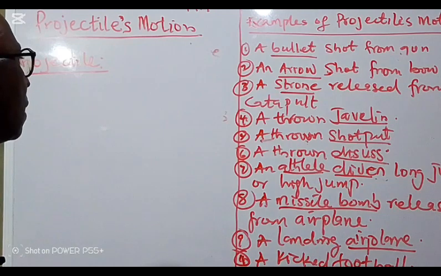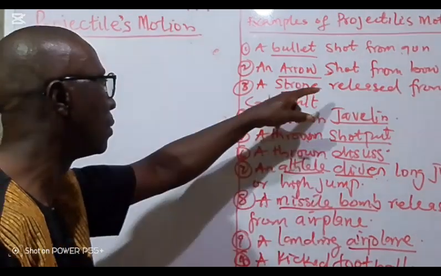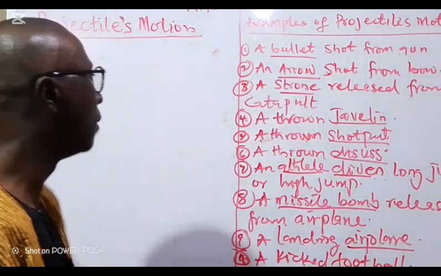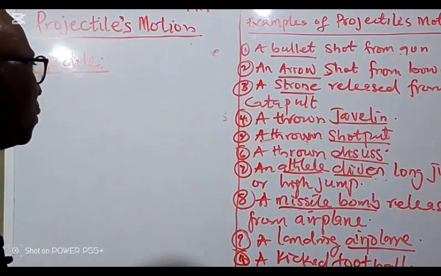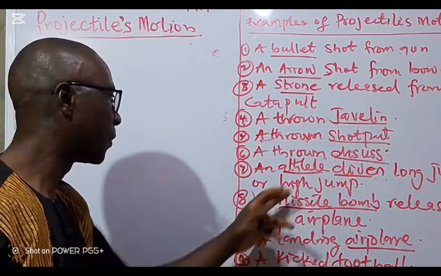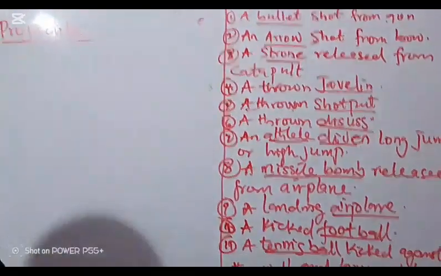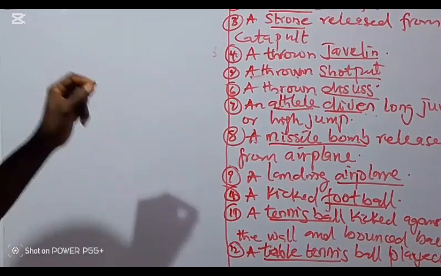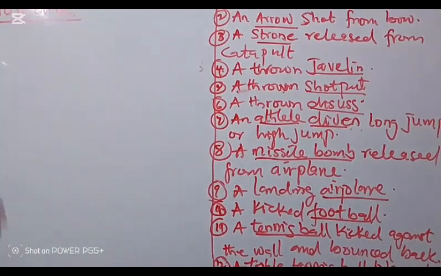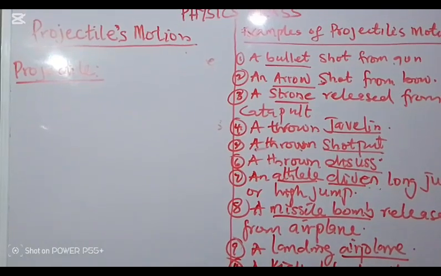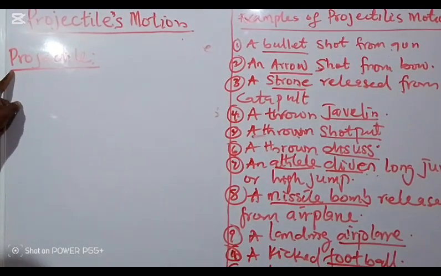Look at example 2, an arrow shot from a bow. The projectile there is the arrow. So in short, all these underlined items are typical examples of projectile. That is, the particular object launched into space to perform projectile motion is what is meant by projectile.